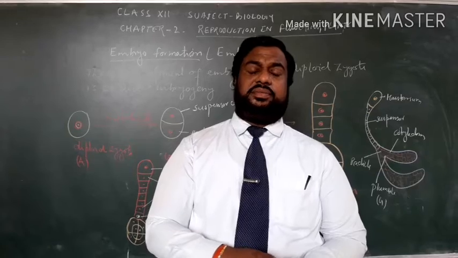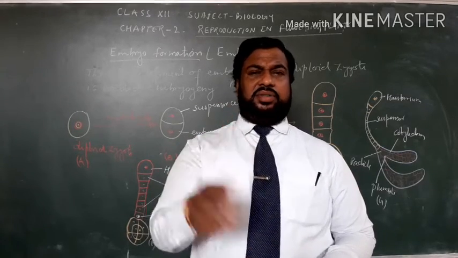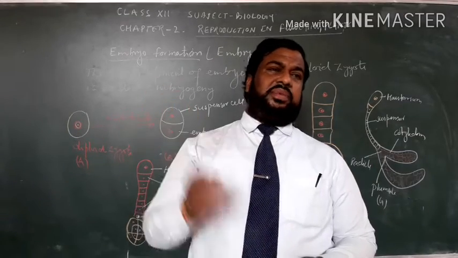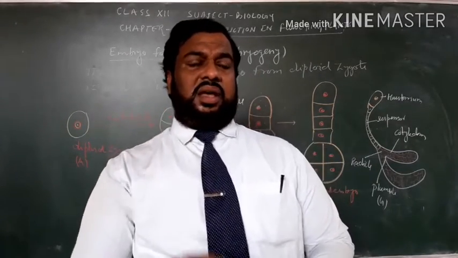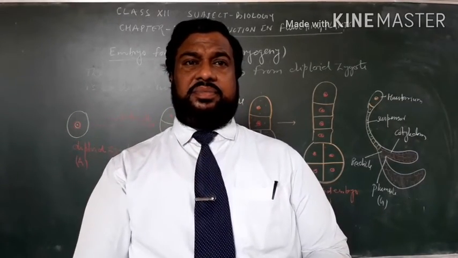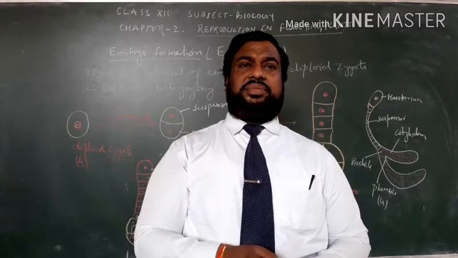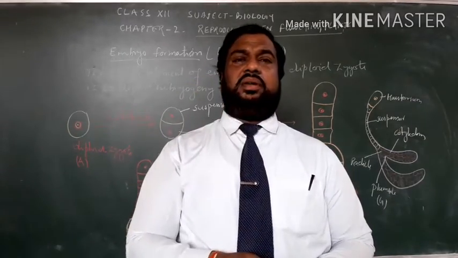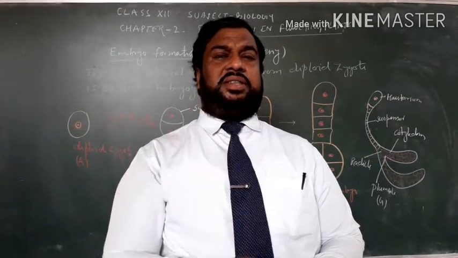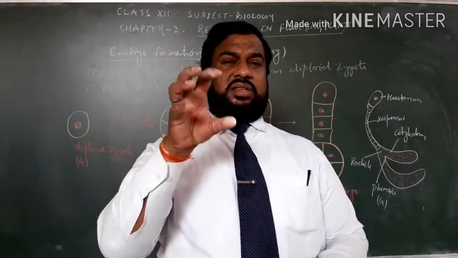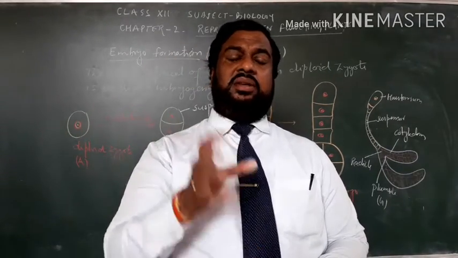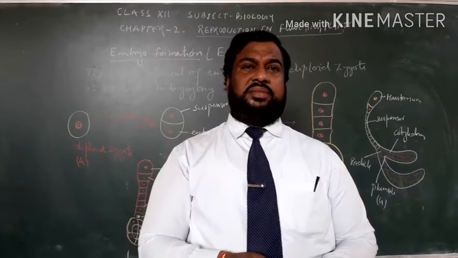So students, about embryogeny or embryo development, we have taken here a dicot plant having two cotyledons. Dear students, the development of embryo from zygote, which has a diploid structure, is known as embryo development, embryo formation or embryogeny.